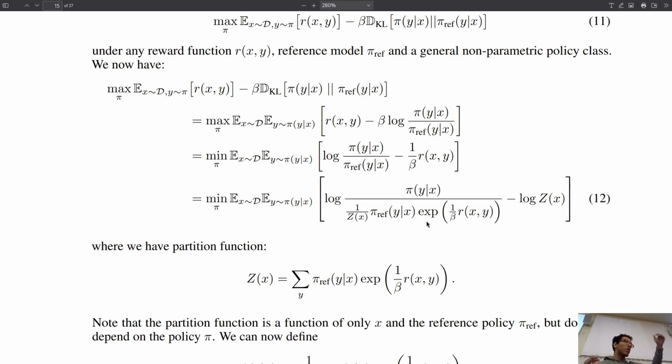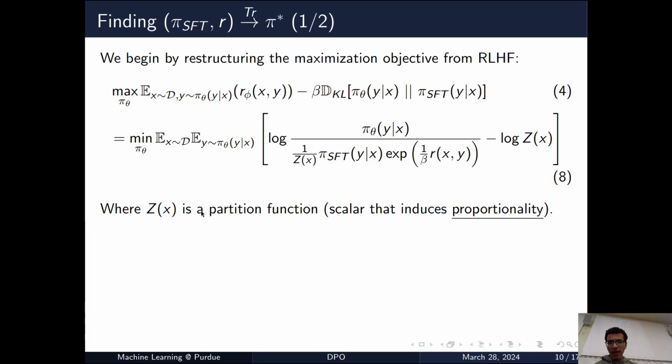Beta is a hyperparameter. So it's e to the power of the reward, divided by some constant. And then that will become times the pi ref. That will become the partition function. That will make this output over here a probability distribution.